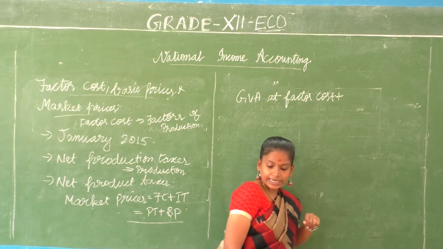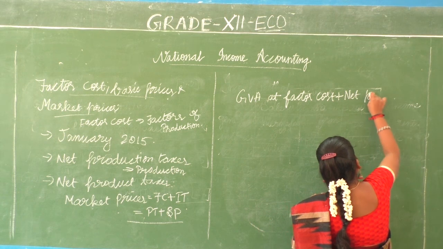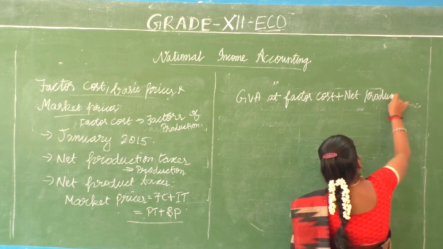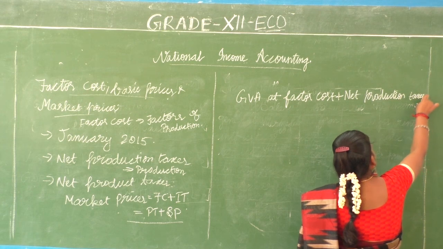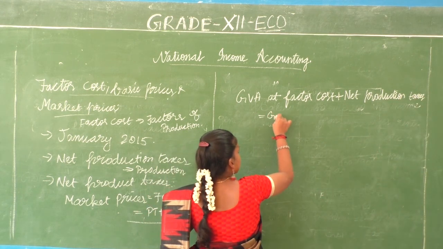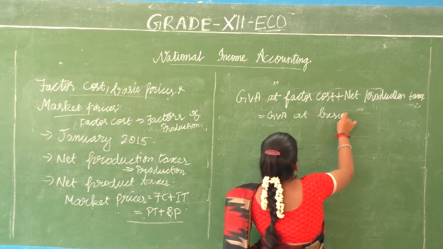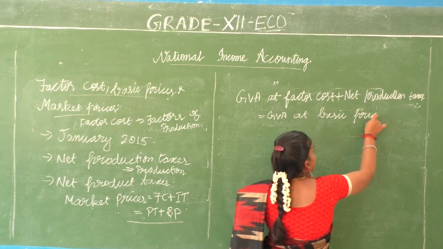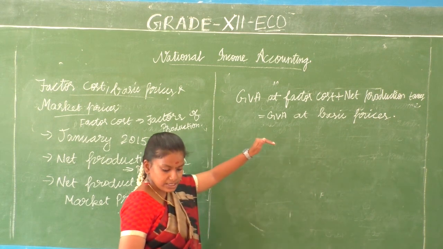You will add the net production taxes. Net production taxes give you the GVA at basic prices.